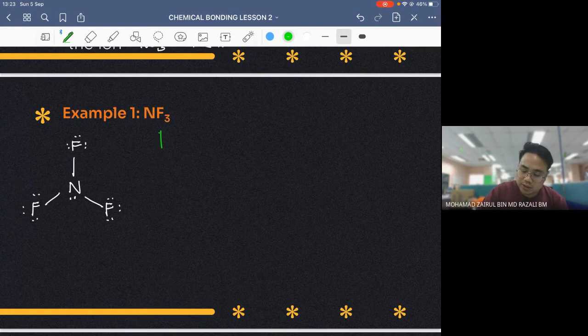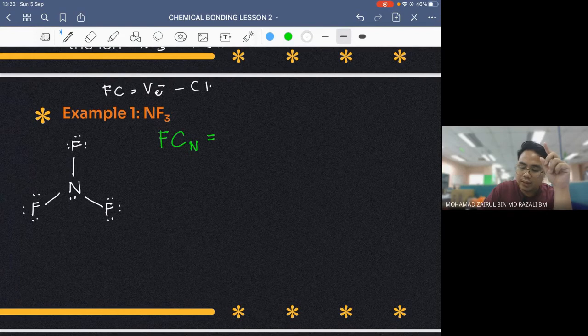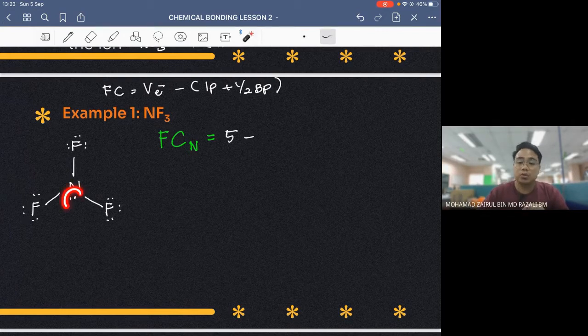Earlier we know the formal charge is equal to valence electron minus lone pair plus half bonding pair electrons. The valence electron for nitrogen is 5 because nitrogen is located in group 15. So 5 minus lone pair. If you look, the lone pair of nitrogen is 2.